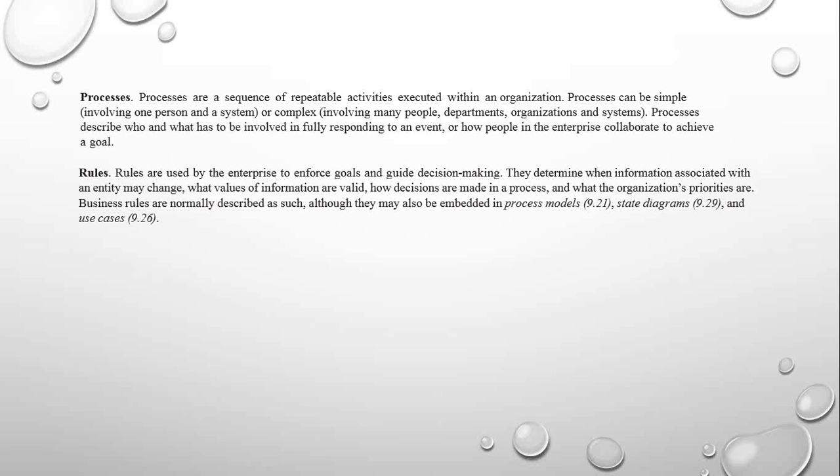The moment you make it a rule, it gives the enforcement that if you are trying to do this work, you must follow this process to do that. So if you have a process and you made it a rule, then that process becomes enforced to say how to do it. So this is more from the rule.